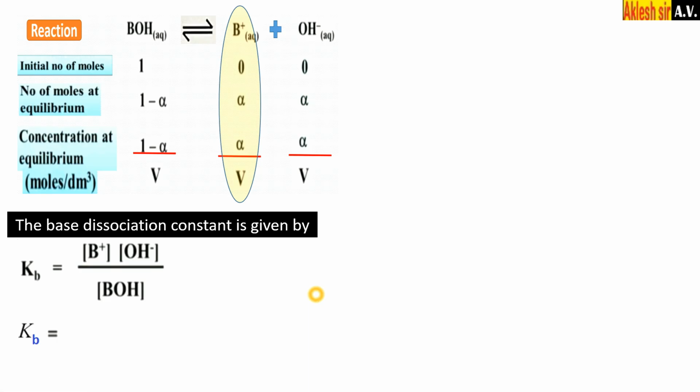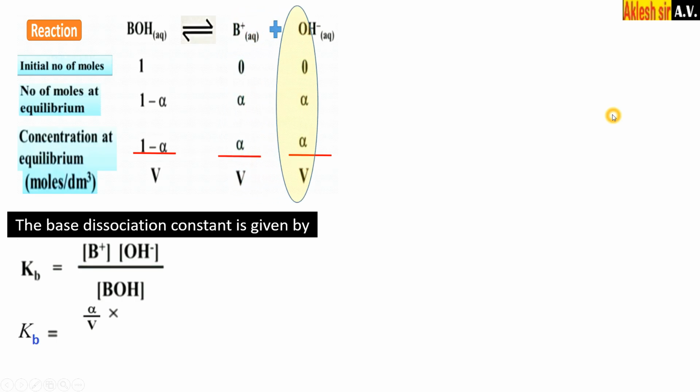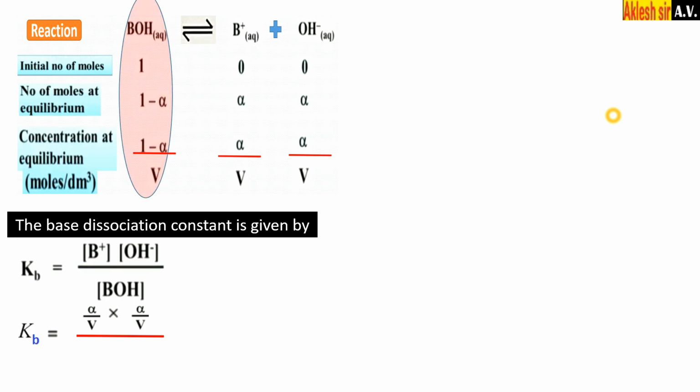The concentration of B plus is alpha upon V, and for OH minus we write alpha upon V. The BOH concentration is 1 minus alpha upon V. The Vs get cancelled, and the remaining part is alpha square upon V into 1 minus alpha. This is equation number 1.